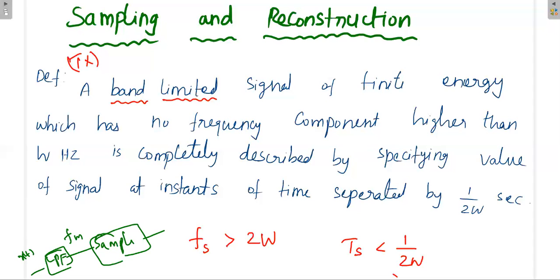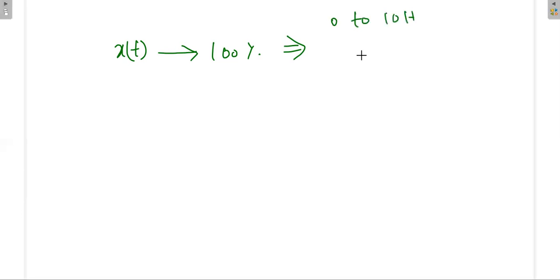For example, I am having a signal x of t, which has 100% of the information. Say from 0 to 10 hertz it has 95% of the information, and from 10 hertz up to infinity I have the remaining 5% of the information.